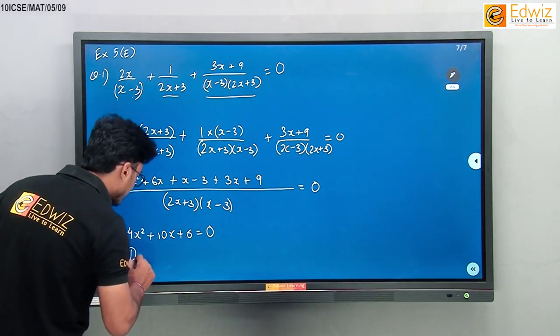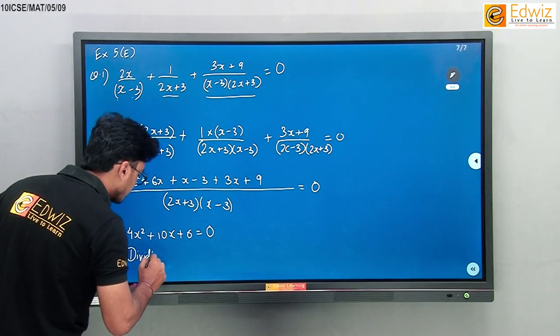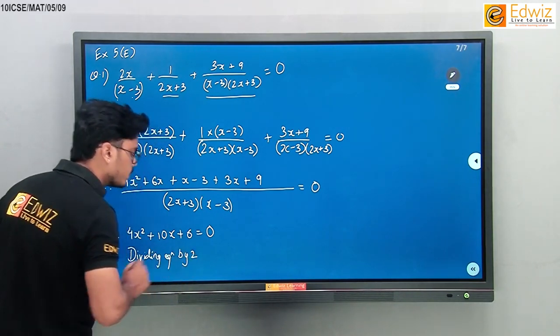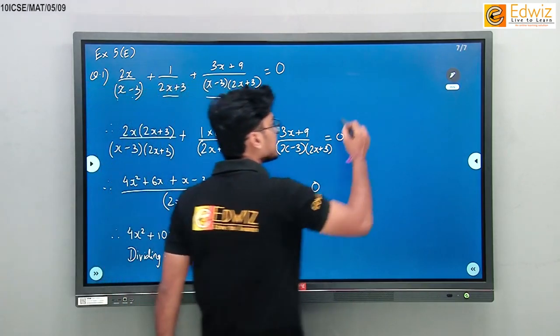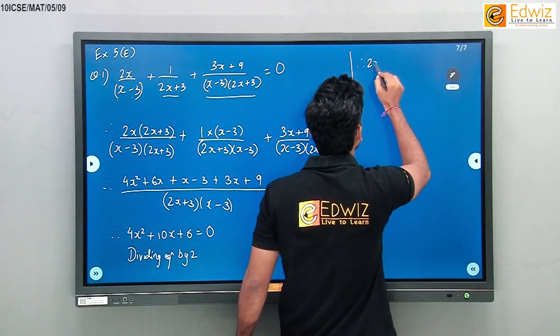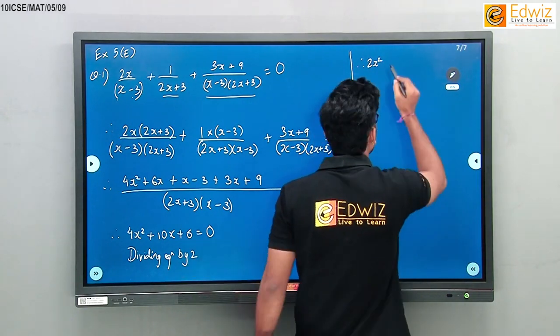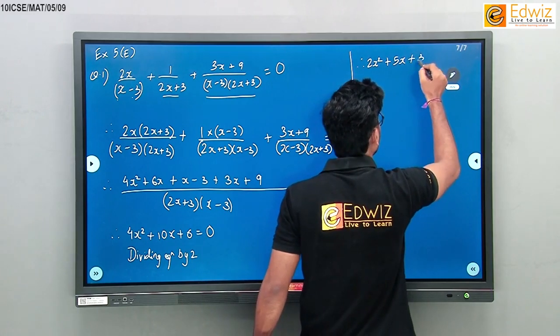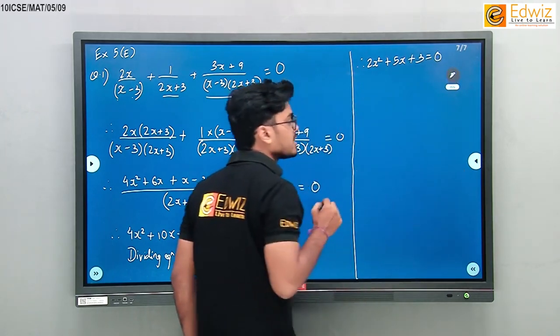So dividing the equation by 2, the equation will become 2x square plus 5x plus 3 equal to 0. This is the equation now.